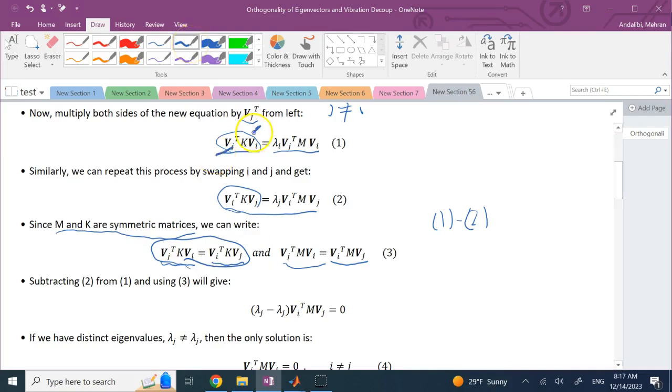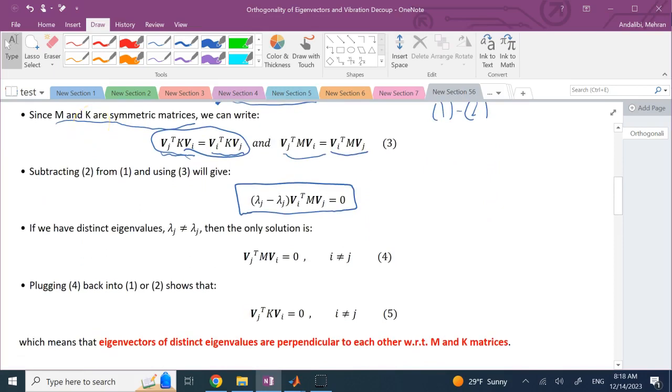What will happen is you're just looking at the difference between the right-hand sides. And what is the right-hand side? The V j transpose M V i and V i transpose M V j are the same thing, so you can factor it out. It's going to be the common factor times lambda i minus lambda j, equal to the left-hand side, which is 0. So you get this.